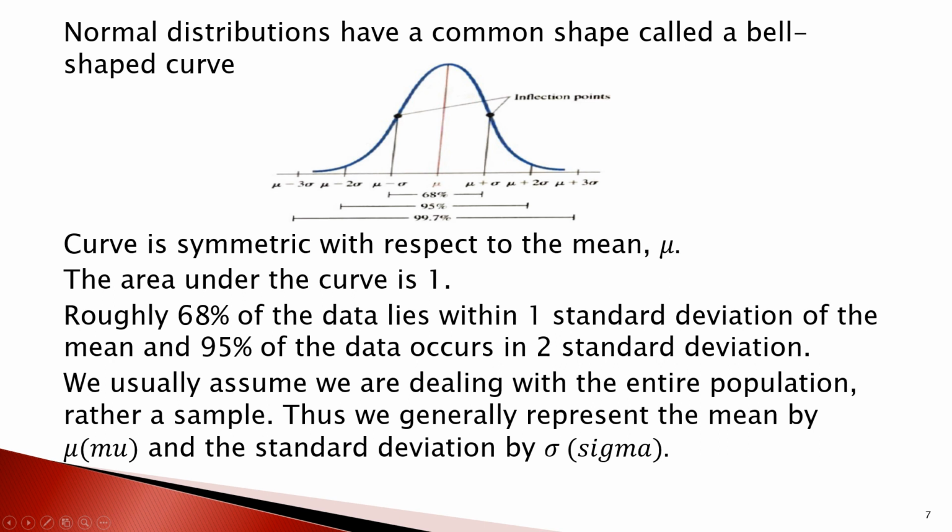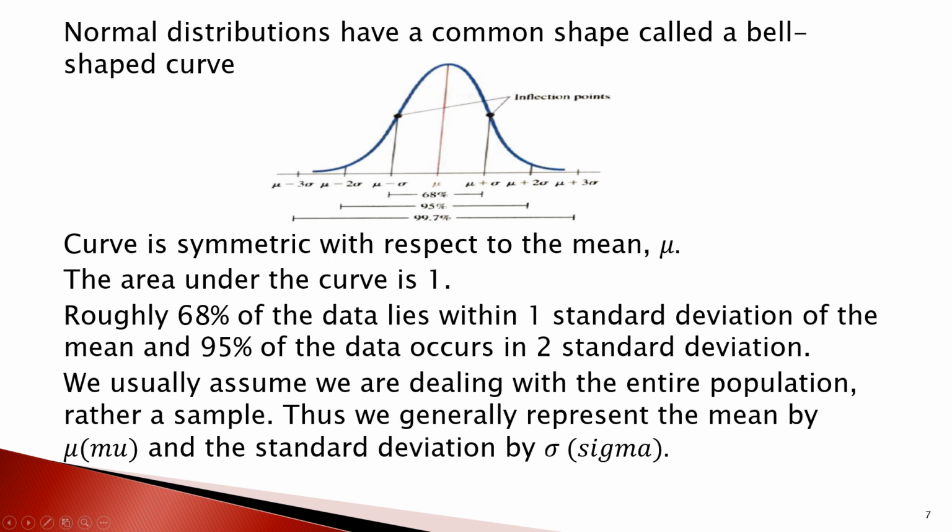The area under this curve is 1. We interpret this as 100%, which means the entire data lies under this curve. From that perspective, roughly 68% of the data lies within one standard deviation.